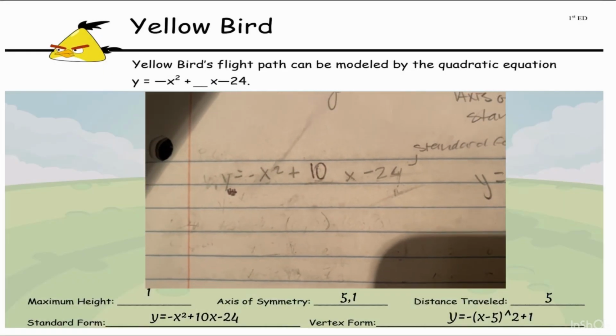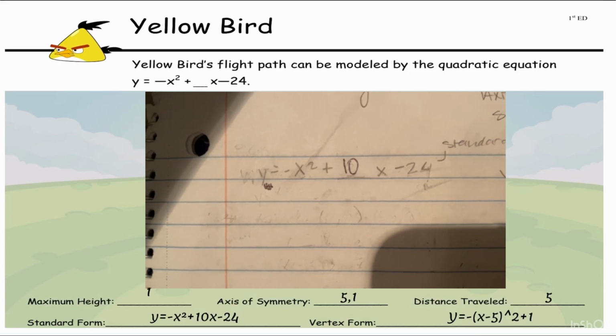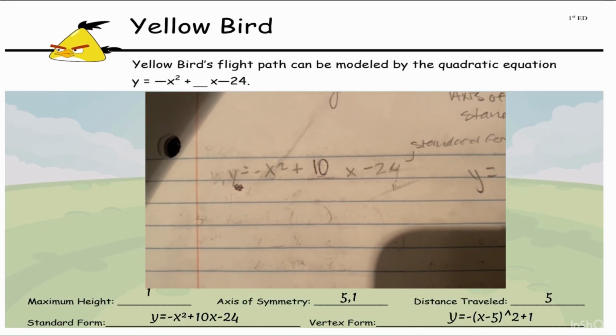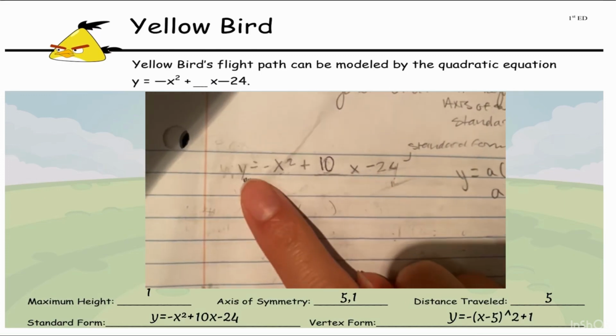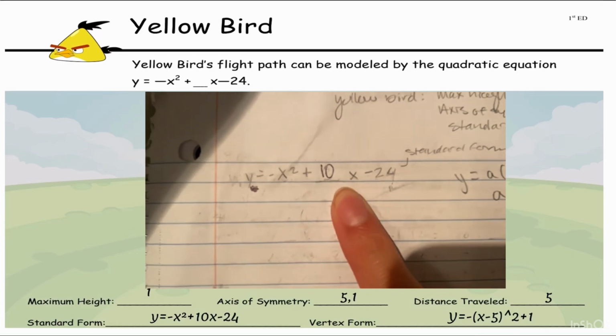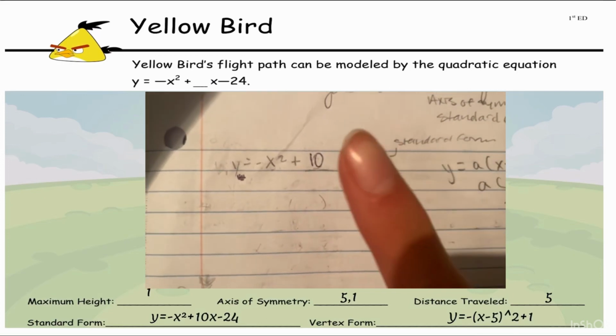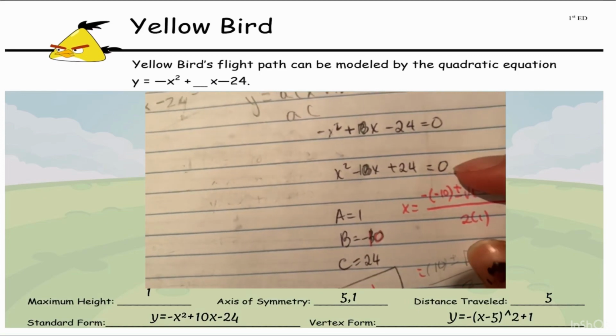For Yellowbird, it says Yellowbird's flight path can be modeled by the quadratic equation. So in this one, it's already giving us our standard form. And so that would be y equals negative x to the power of 2 plus 10x minus 24. And so now that we have that, we can then put it into quadratic form by rewriting it.